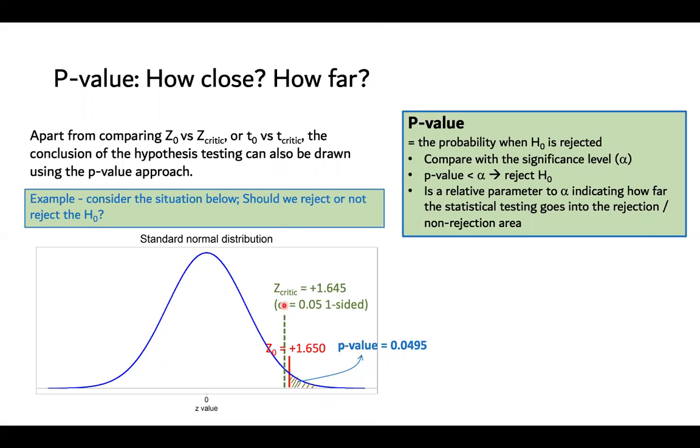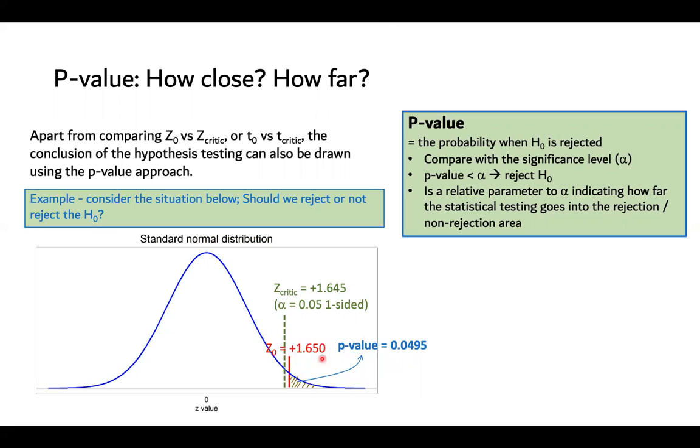This is your z-critical, which is what you get when you take alpha, for example, 0.05 and one-sided. So this is the z-value where the tail probability is 0.05.